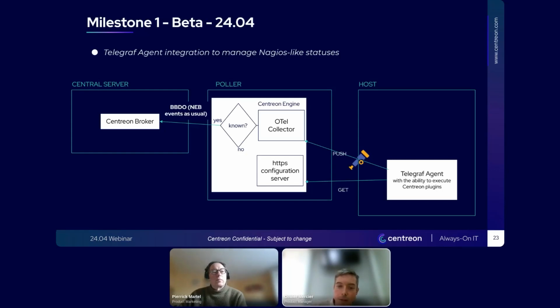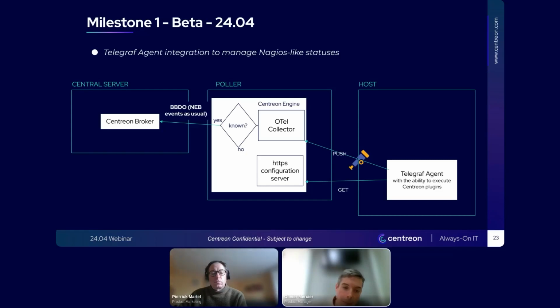And it has also the ability to get configuration from an HTTP server. So what we did is we added to Engine a configuration server, a simple web server that gives the configuration, and then a collector for OpenTelemetry. The Telegraf agent gets the information from the configuration and sends the results of the commands to our OpenTelemetry collector.